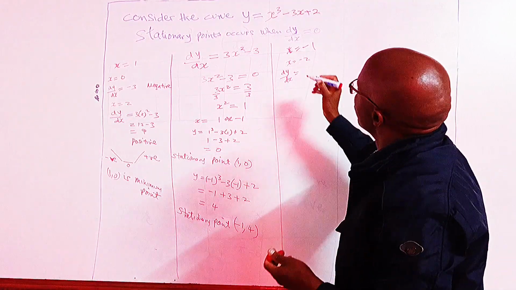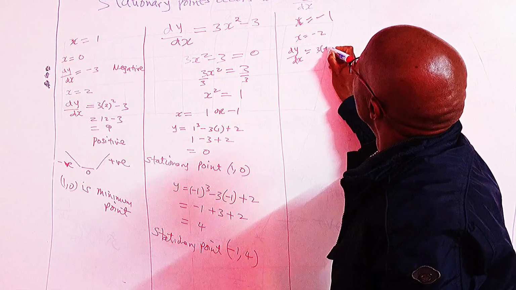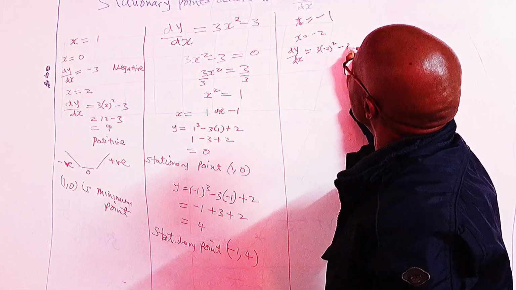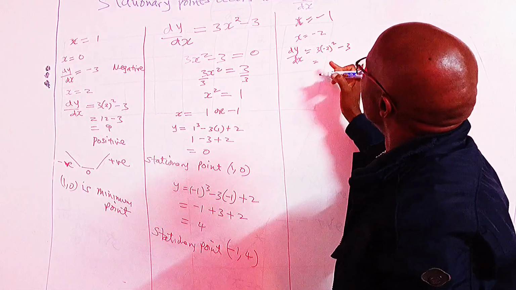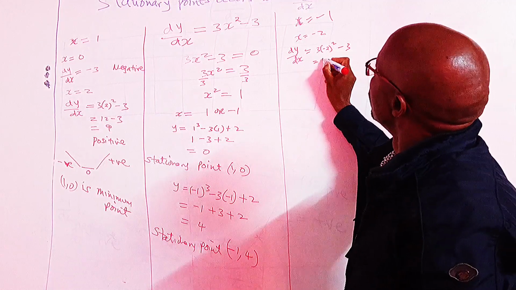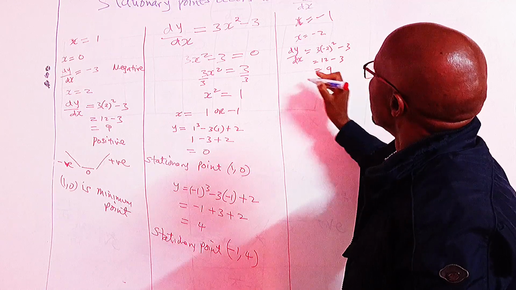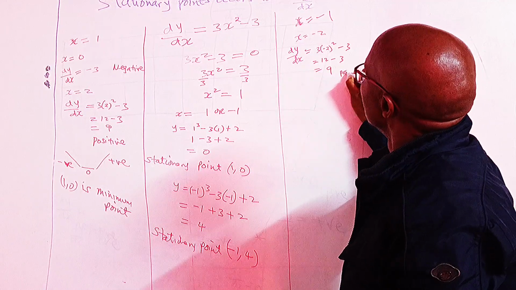We substitute negative 2, so we'll have 3 times negative 2 squared minus 3. Negative 2 squared is 4, times 3 is 12, 12 minus 3 is equal to 9. So our dy/dx is positive.